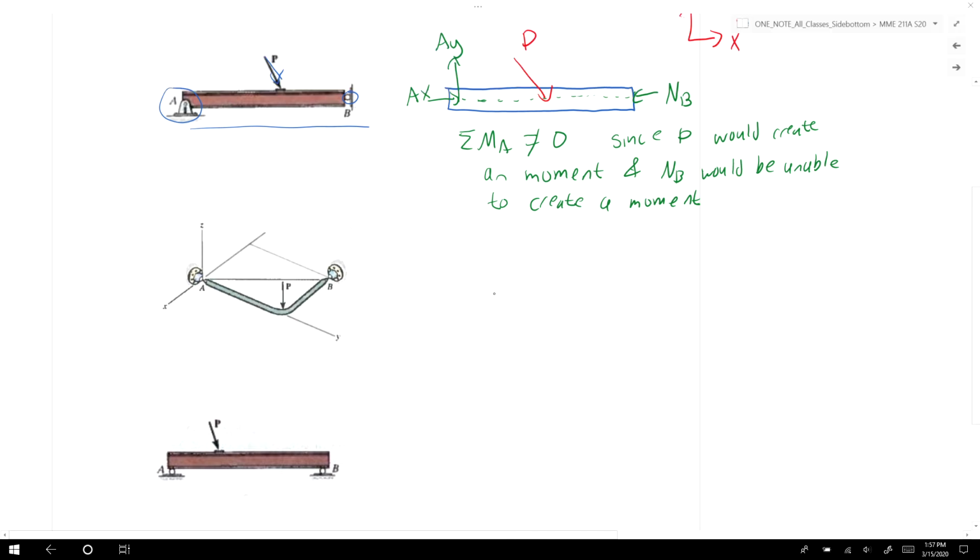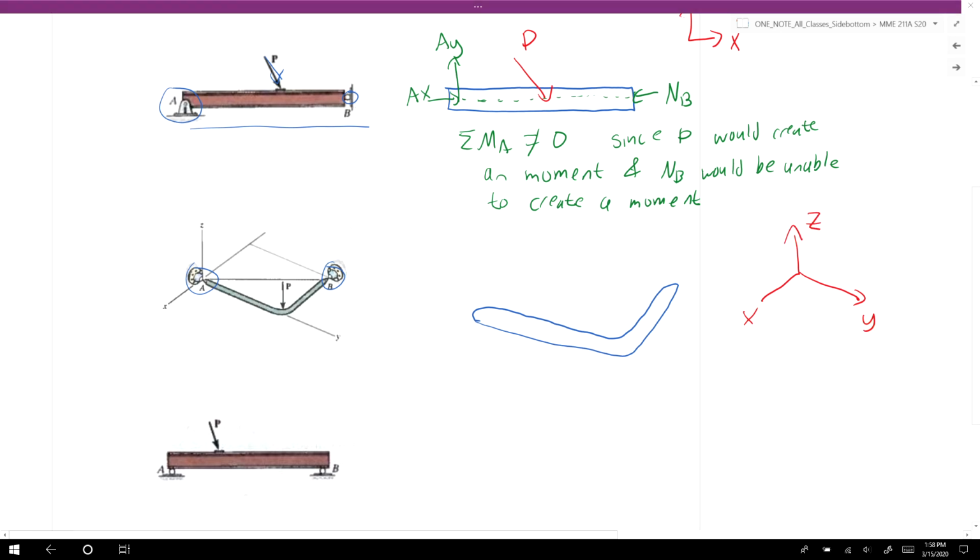All right, in this case we have 2 ball and socket joints here. So we're going to just draw out the shape of our rigid body. We'll define our XYZ coordinate system. We'll apply our external force.